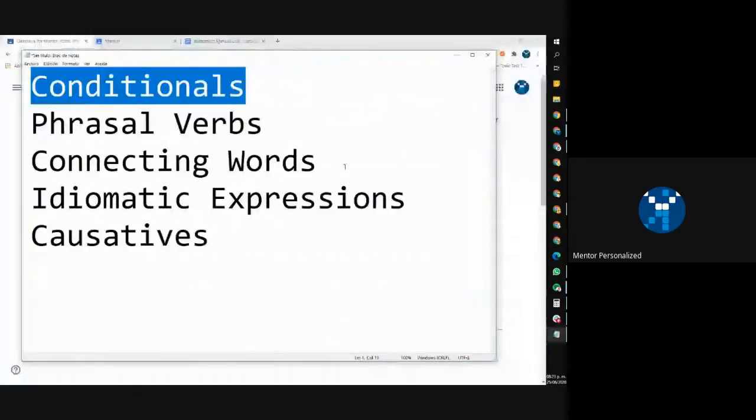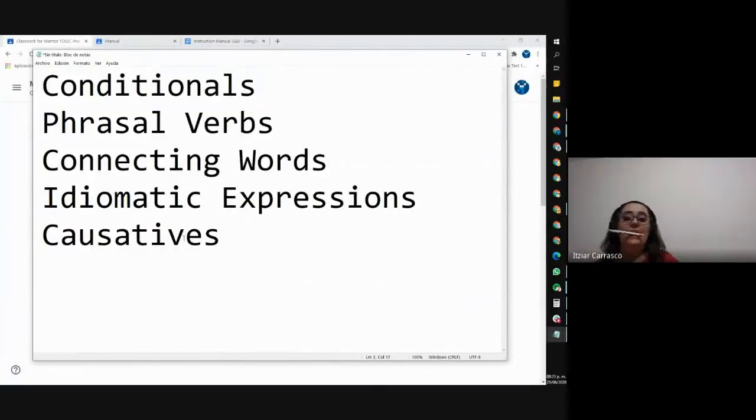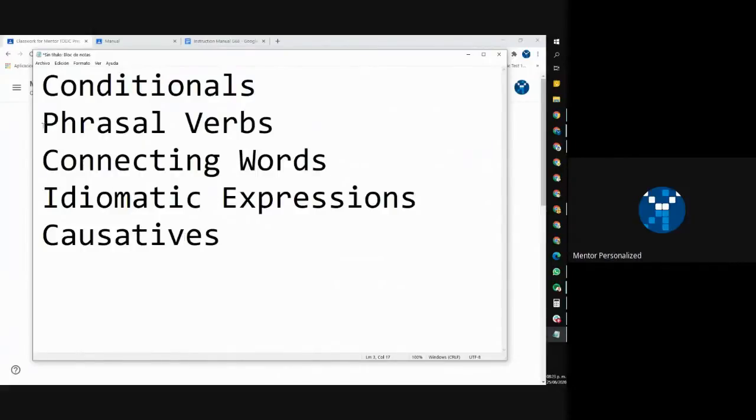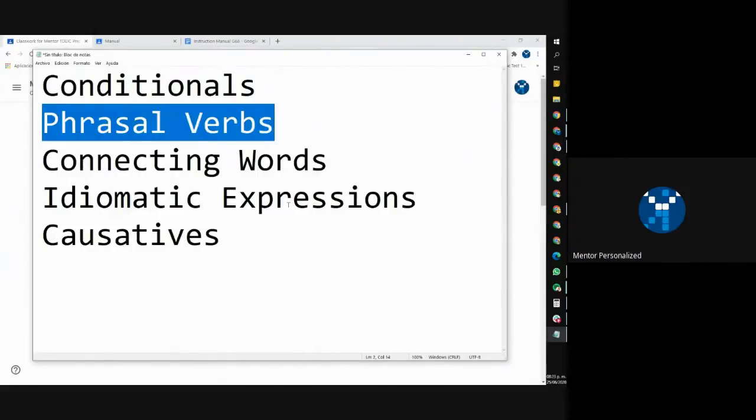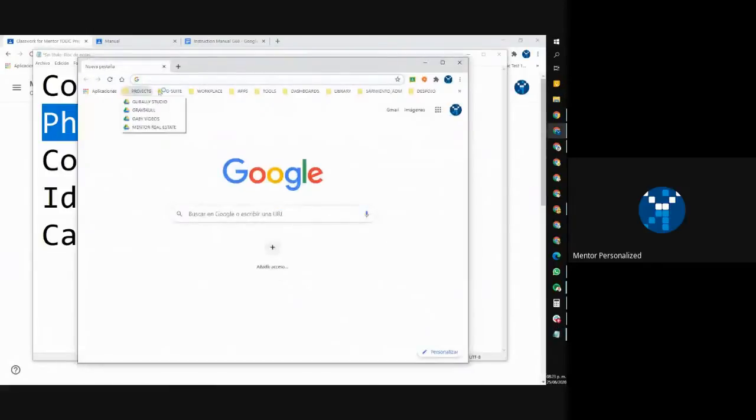This is what I call practicing the language by speaking about the language. For example, I want you to give me an explanation of what you understand about phrasal verbs. You need to take 1 minute to present what you know about phrasal verbs.